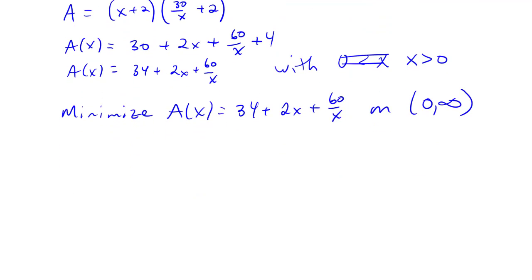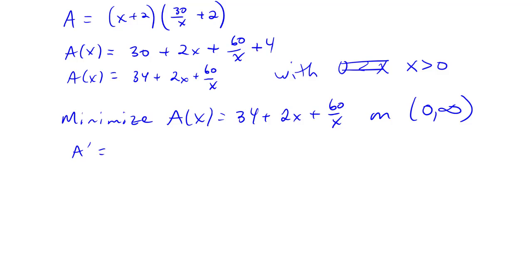Okay. A prime is then 2 minus 60 over x squared, if I take the derivative of A. When is A prime 0? When is A prime undefined? Well, A prime is undefined at 0, but A wasn't even defined there, so none for that.